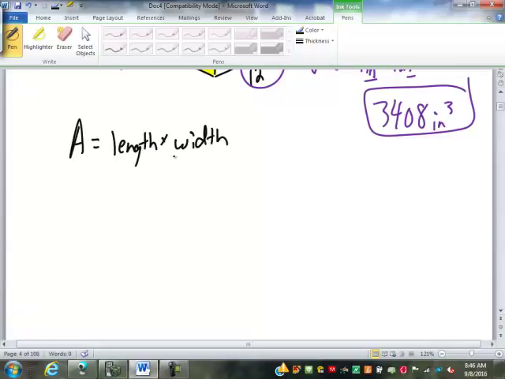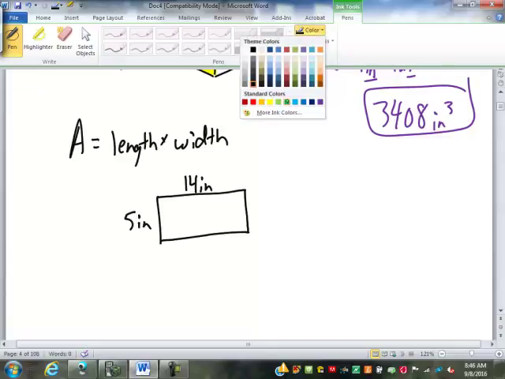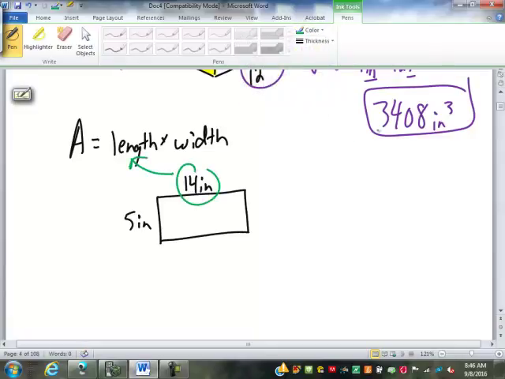And what we did for that is when we had a rectangle, if we had a certain length and a certain width, we put those numbers in. 14 went in for the length, 5 went in for the width. So it just becomes area equals 14 inches times 5 inches. So we got the 70 inches squared.